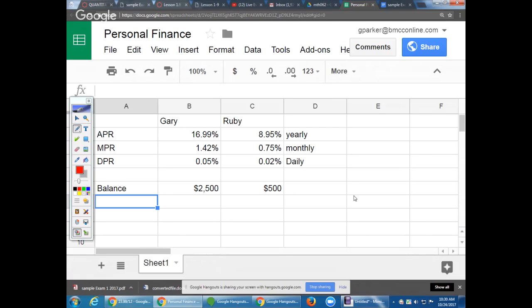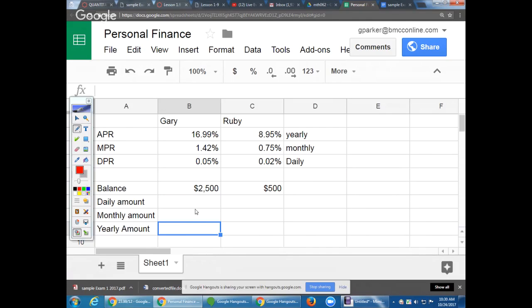So above I have percentages. Down here I'm going to calculate a daily amount that she might owe, a monthly amount, and a yearly amount. The yearly amount's a little more complicated than this, but we're just going to keep it simple for now.